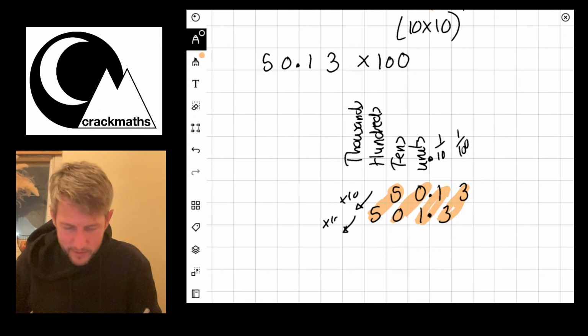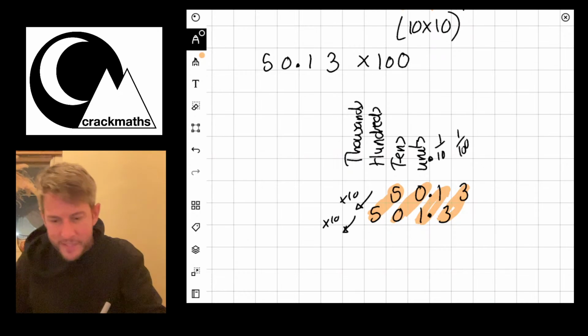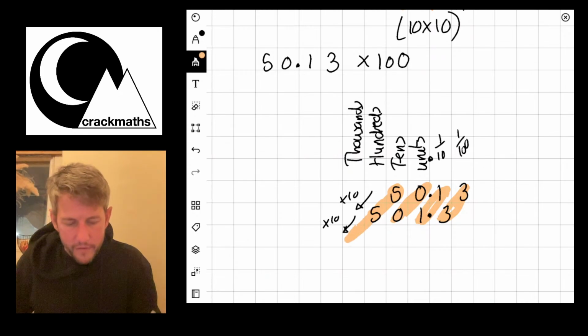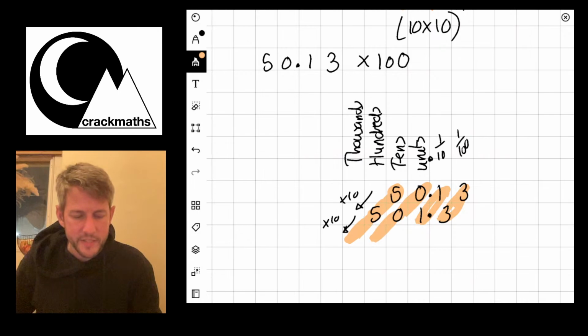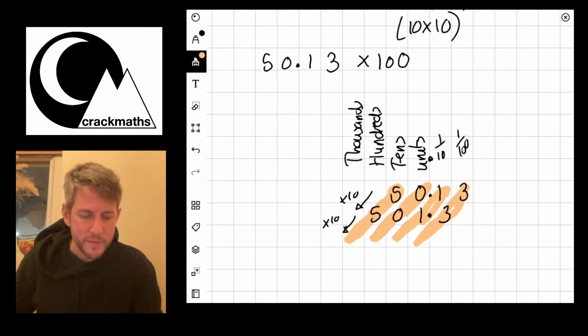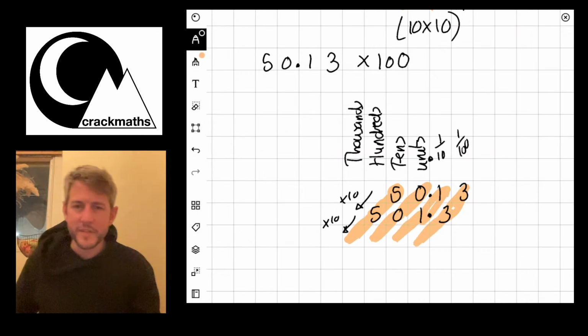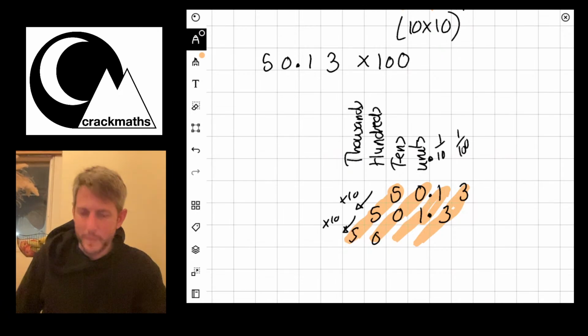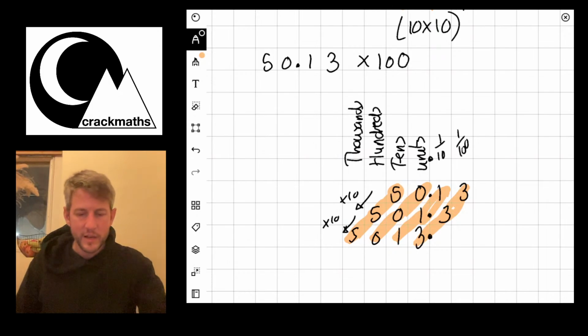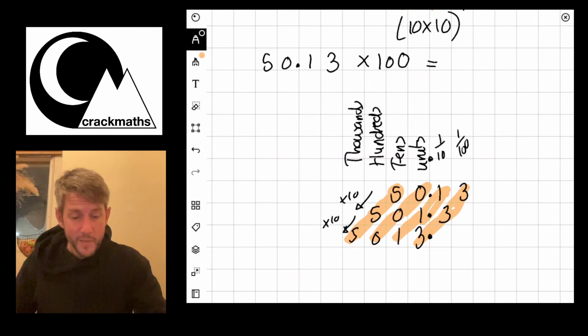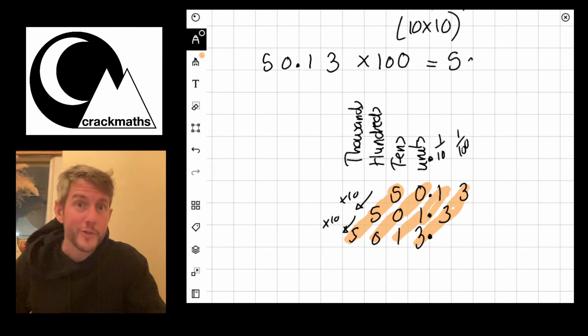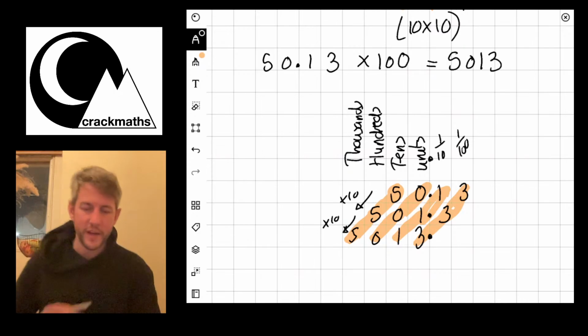Then if we times it by 10 again, the 5 continues to move over, the 0 continues to move over, the 1 continues to move over, and the 3 continues to move over. The 5 ends up there, the 0 ends up here, the 1 ends up here, the 3 ends up here. So 50.13 times 100 will be 5,013.